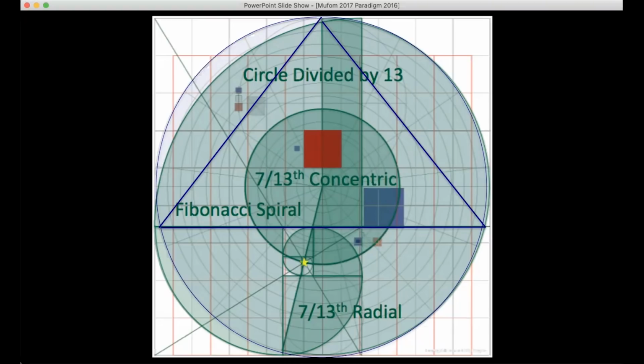Now, it sounds a little complicated to visualize if you're not looking at it, but it's beautifully simplistic. It just shows how the circle divided by 13 relates to the spiral harmonically and geometrically. Specifically, when you divide the circle like a pie into 13 parts, and then you divide it radially into 13 parts, you get that intersection. Yeah. So that's what's going on here.